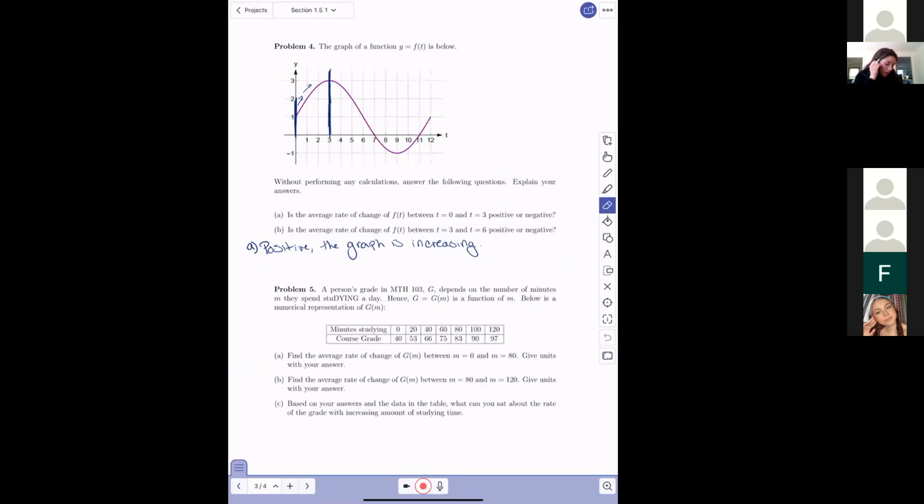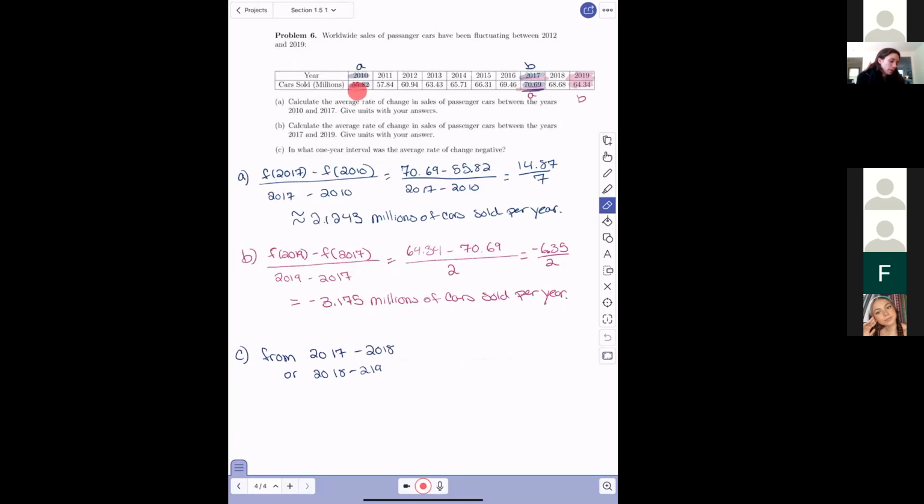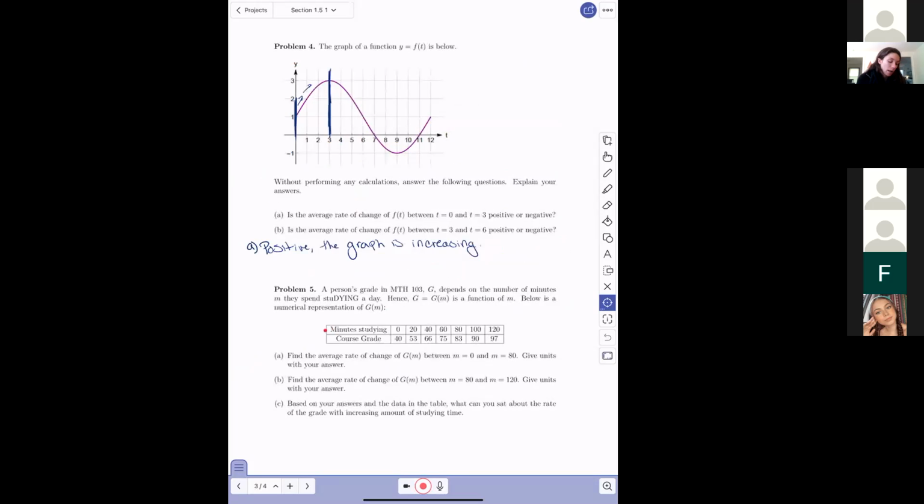So for 5A, I'll just show you guys. It's the same exact concept of this table, where this is your X and the second row is your Y. So here, minutes studying is your X and course grade is your Y. You're going to set it up the same. We have this point here, 0, 40, and then 80, 83 as the next point.